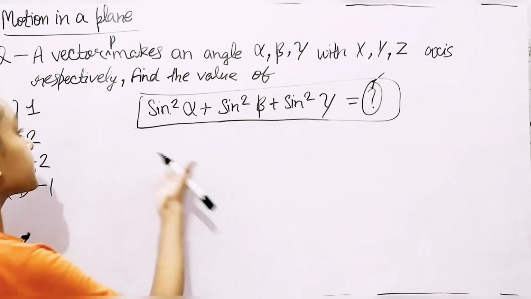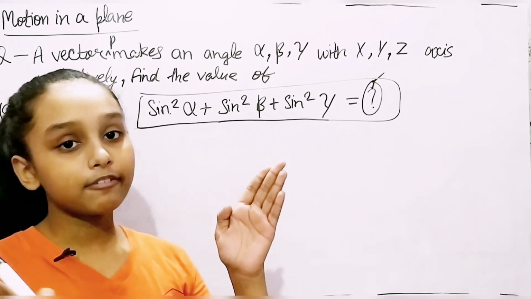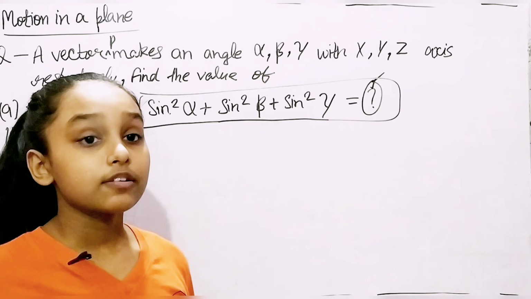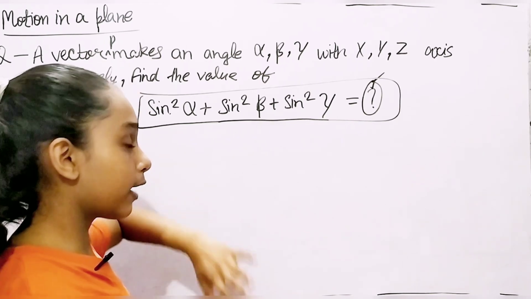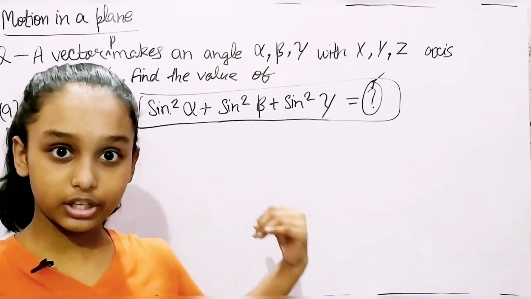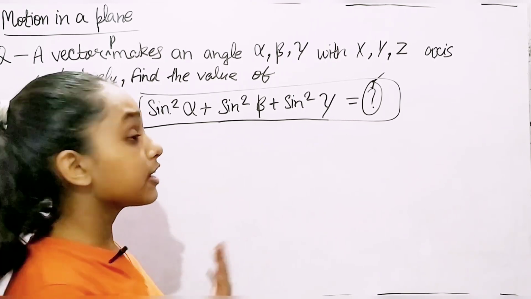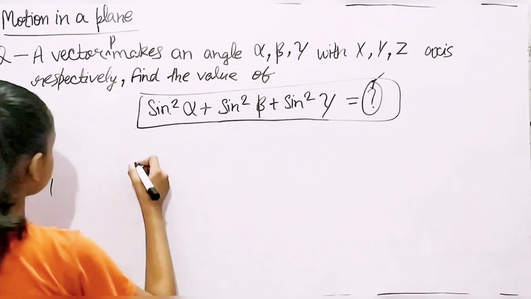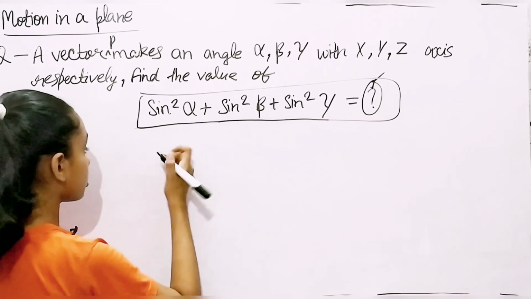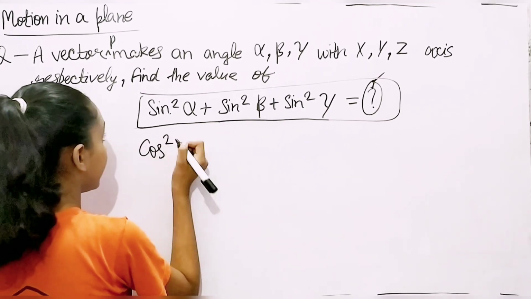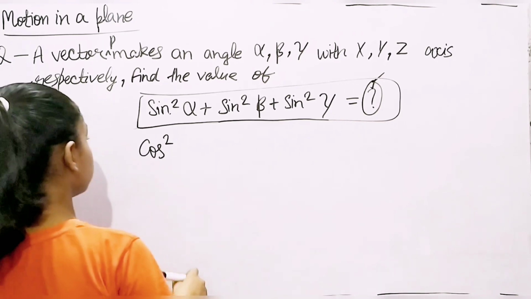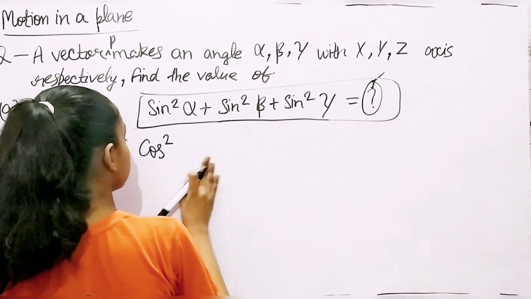First of all, you haven't forgotten that in the last topic we solved the question that l squared plus m squared plus n squared equals 1. So the sum of the 3 cosines of the angles.